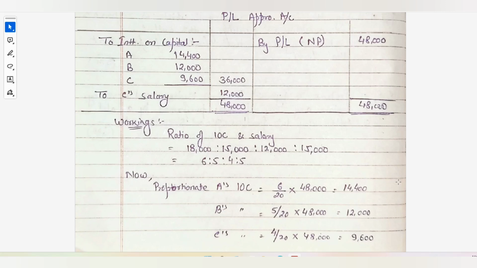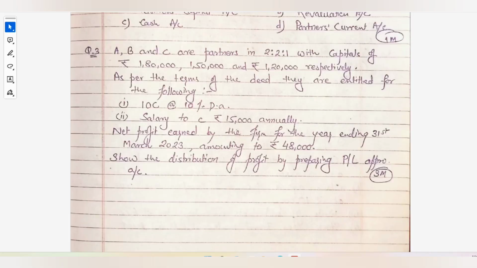If only interest on capital is available, however, some other kind of confusion is also there. In some cases, students prefer to take the ratio of the capitals. So all these are wrong concepts. Do not take this ratio.